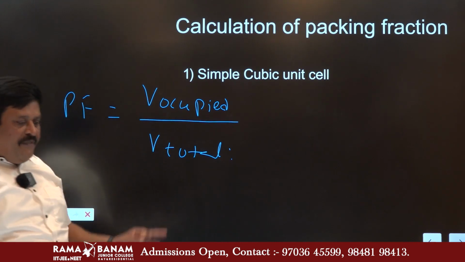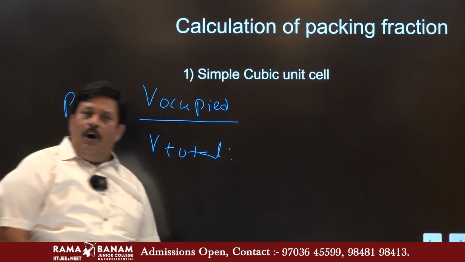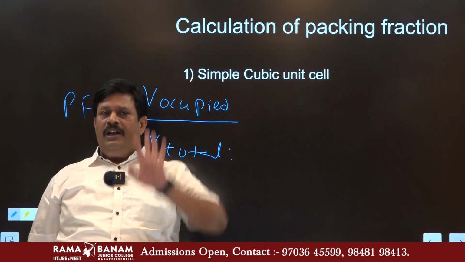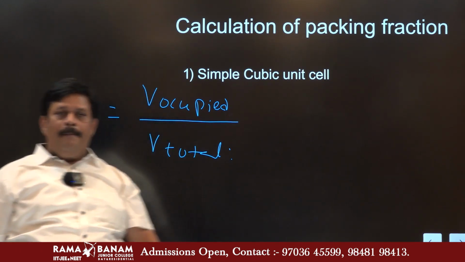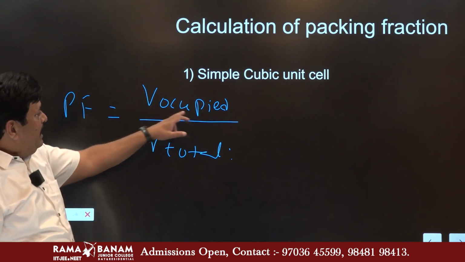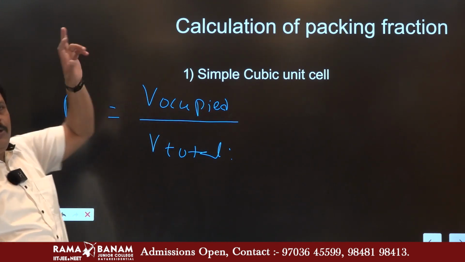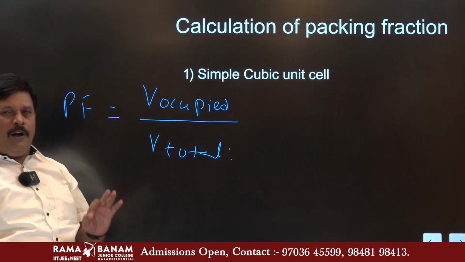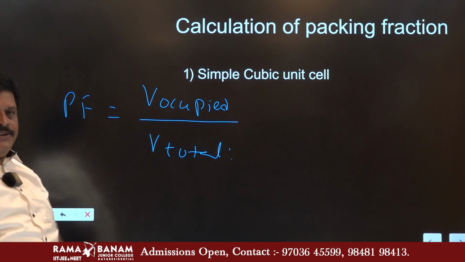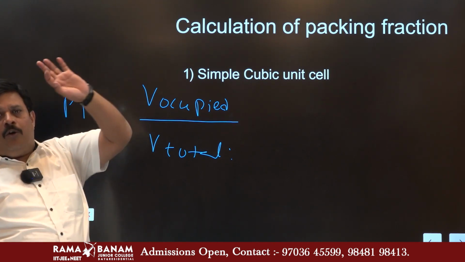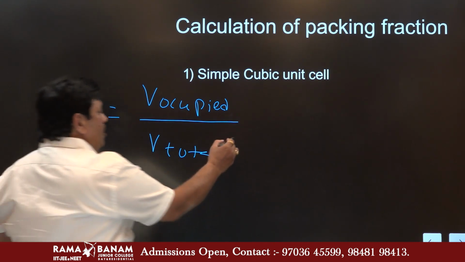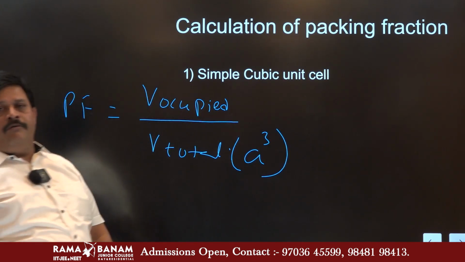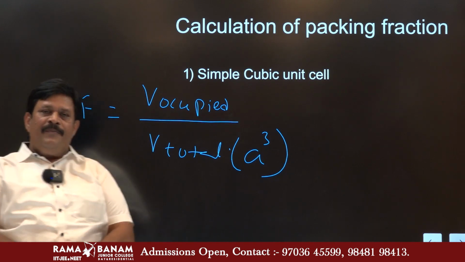Packing fraction is defined as the ratio of the space occupied by the particles to the total space of that cube. What I wrote here? Volume occupied by V total. V occupied means volume occupied by atoms or ions or molecules divided by the total volume. We all know the total volume of the cube is a cube, where a is the edge length.